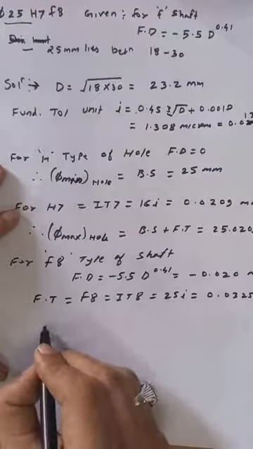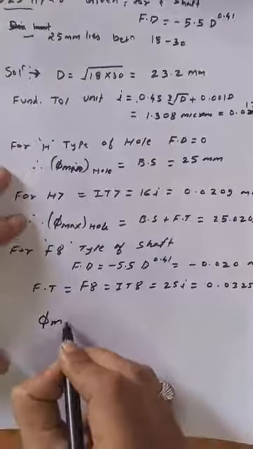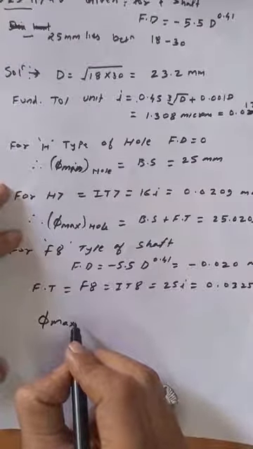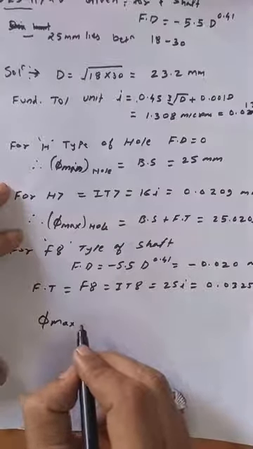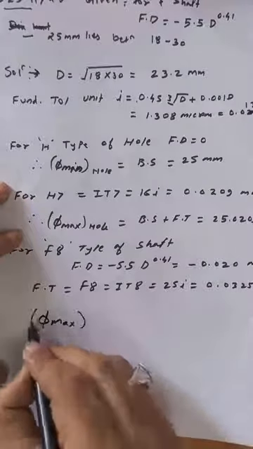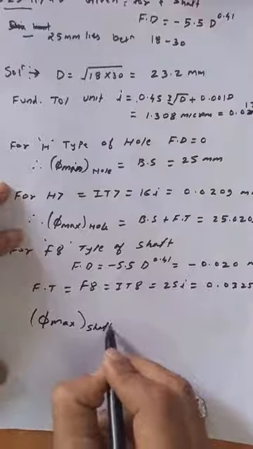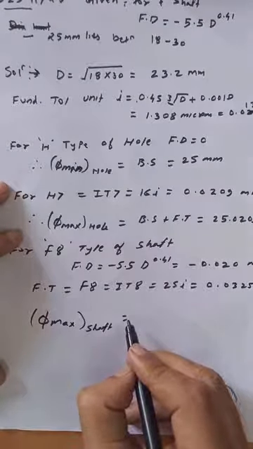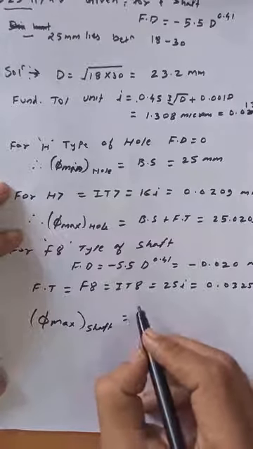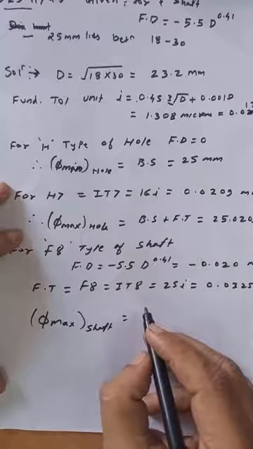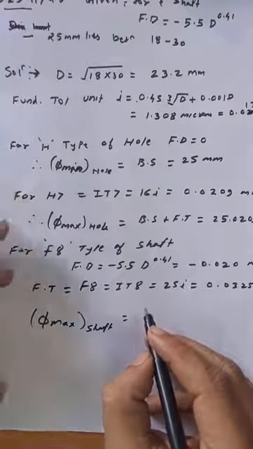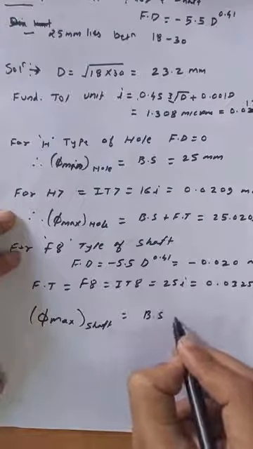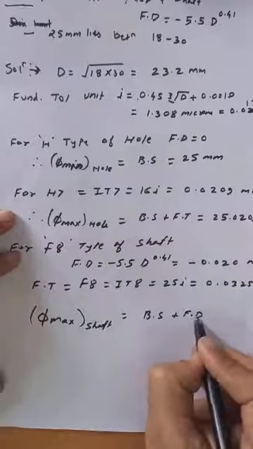So now the maximum size of shaft is basic size plus fundamental deviation.